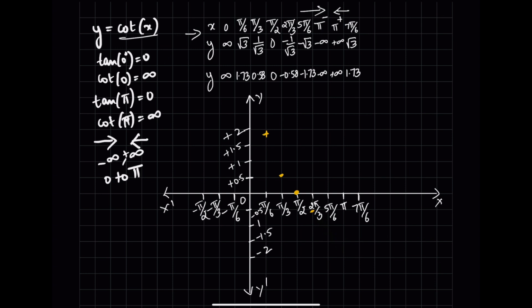And what is the next value? It's 5 pi by 6, so it is minus 1.73, so somewhere here. And at pi, it approaches infinity. If you notice here, we have pi with the negative point and pi with the positive at the top.